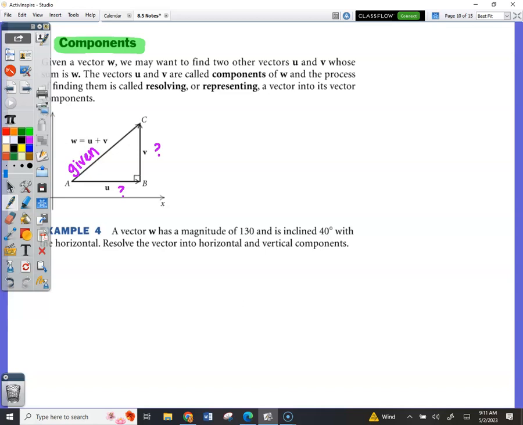So we're going in reverse. You need to know this vocab word to know when to go in reverse, and thankfully the vocab word is very similar to the word reverse itself. You are going to be what's called resolving the vector into its two components.